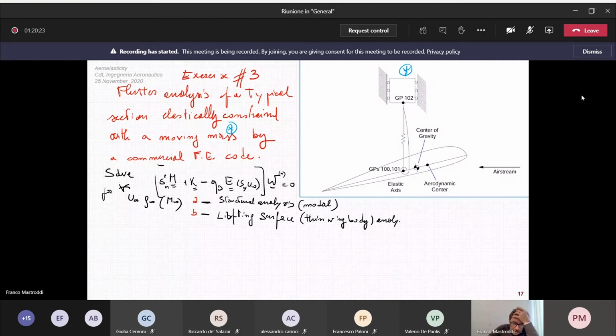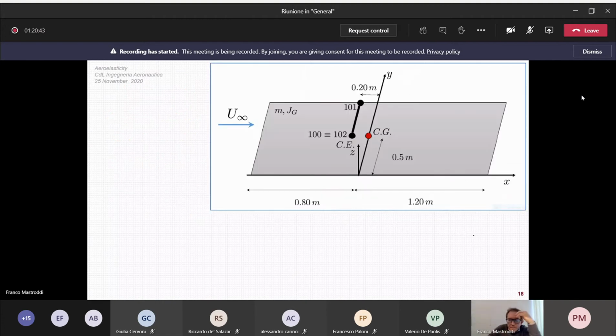So this implies, as you know, no wake discretization. Okay, and so this is the finite element vision.